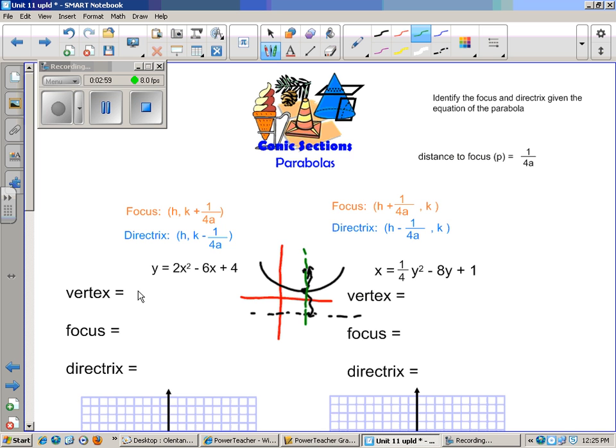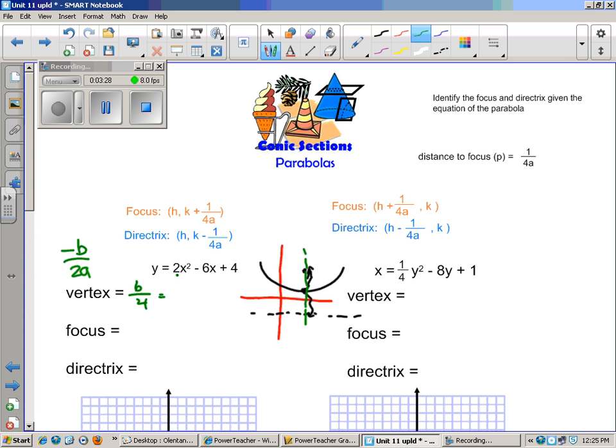All right, so to find the vertex, what's the first thing I do? What's the formula to find the x of a vertex of a parabola? Right, the opposite of b over 2a. So the opposite of b is 6, and 2 times a is 4.